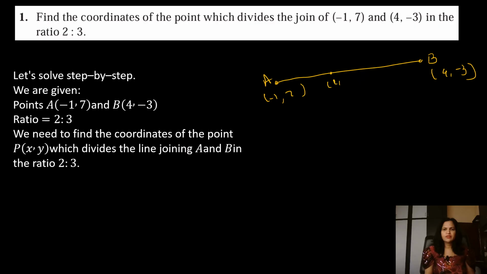This point, we don't know x, y. We need to find the coordinates of this point, x and y, values we have to find out. That is point P, that is (x, y), its coordinates, which divides the line joining A and B in the ratio 2:3. All this is given.